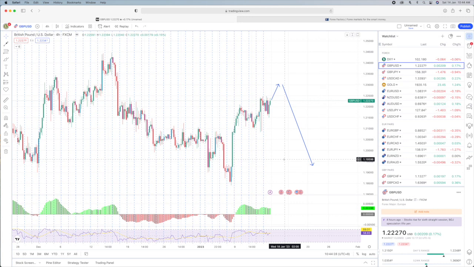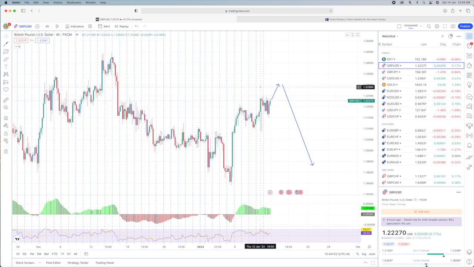Okay, so this is what I see next week. Next week we've got a few GBP news. So by Wednesday, we can expect this kind of move. Last week, the market played within this zone, somewhere between 1.2240 and 1.2200.